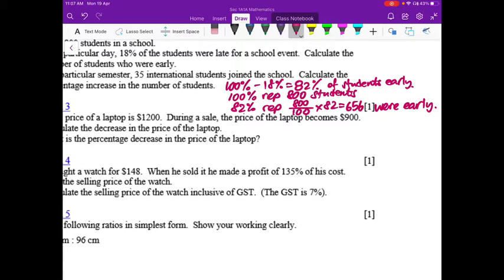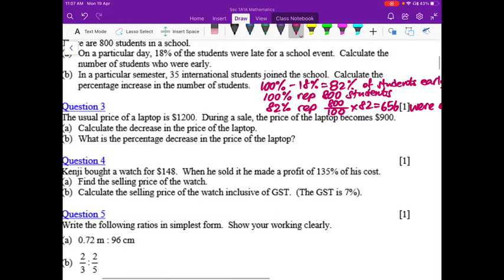So, originally, how many students do we have? Yanrei, how many do we have originally? Very good. And now, how many students do we have? Nora, how many students do we have now? 35 more joined the school.